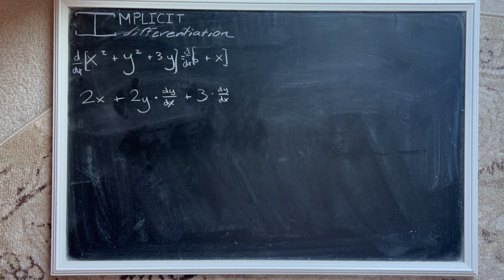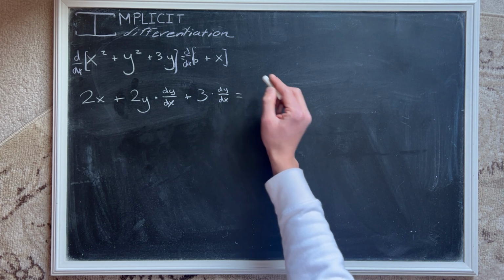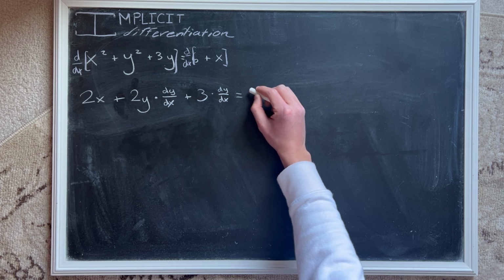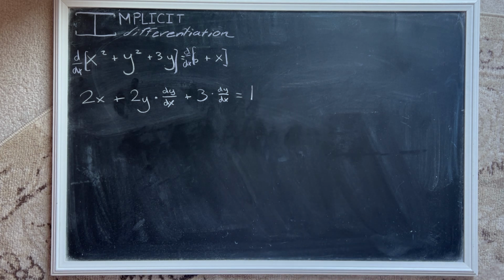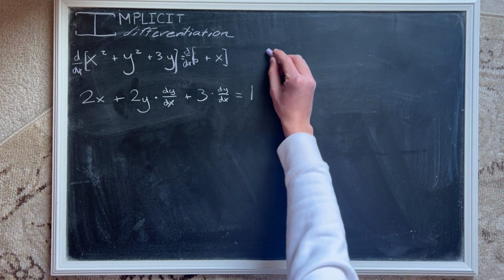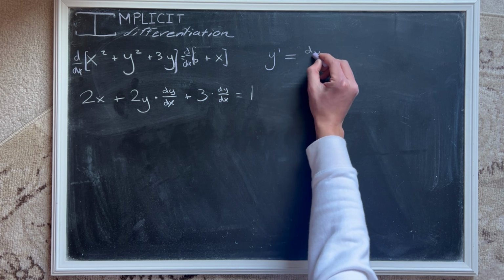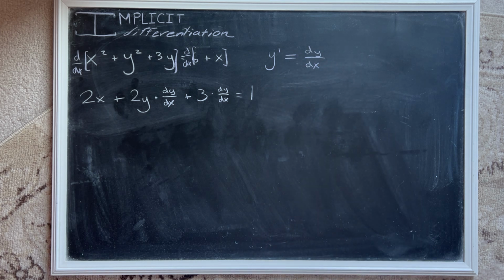And then the other side would be 6 plus x, so the derivative of 6 is 0, and the derivative of x is 1. In order to find y prime, we know that y prime means find the derivative, which also means dy over dx. So dy over dx and y prime are the same. So let's just isolate this.